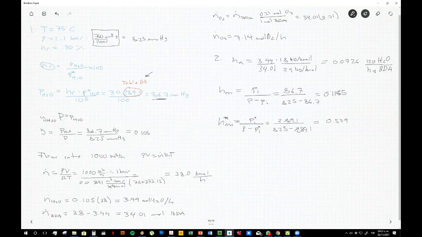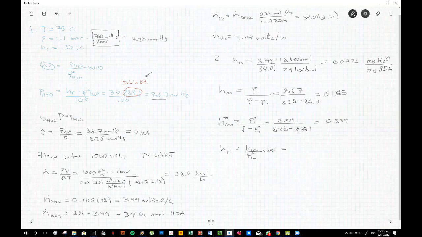Okay. And the last one is the percentage humidity. This one would be HM divided by HM of saturation times 100.